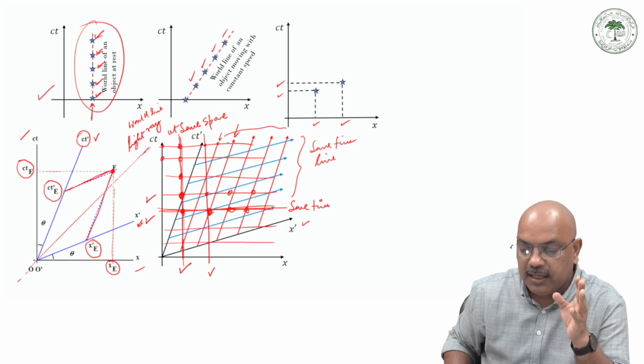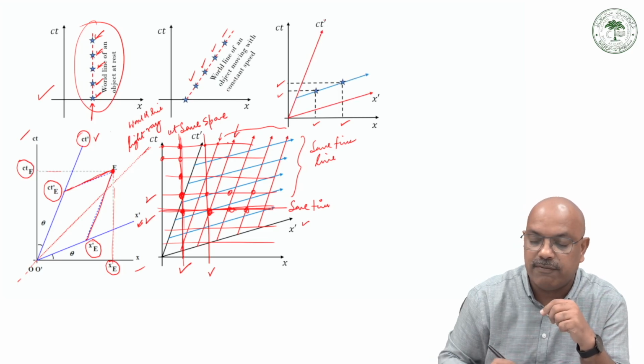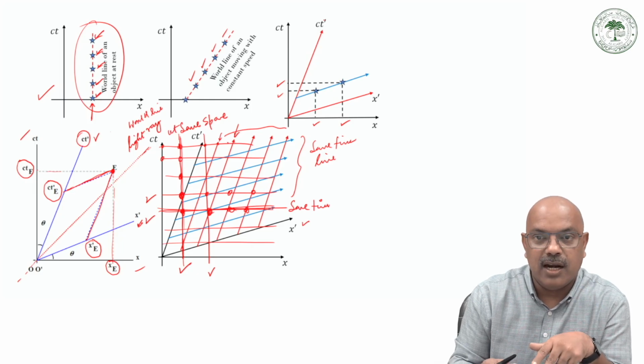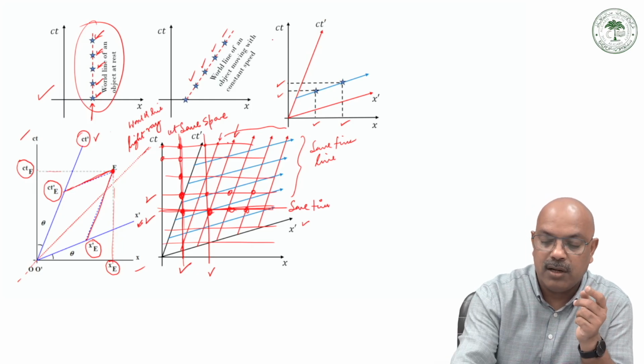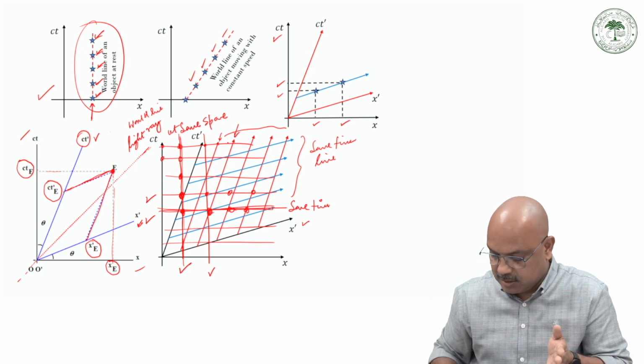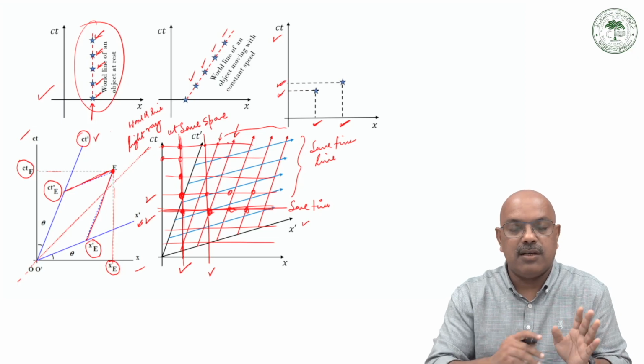But if I have a frame which is like this, x frame and ct frame, then you see that these two events earlier in my ct frame were occurring at two different space, in different times.